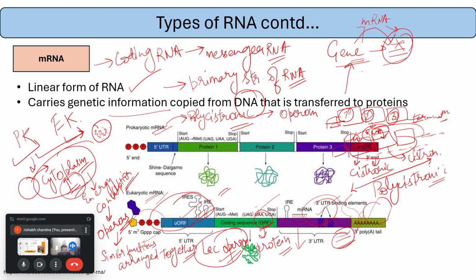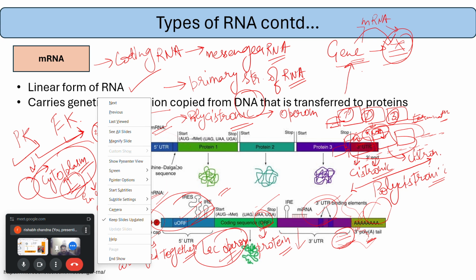So this is basically a property of the eukaryotes. This is considered to be a monocistronic RNA. A single gene will produce only one RNA, which then forms the protein. So this is the major difference between the prokaryotic and the eukaryotic RNA.